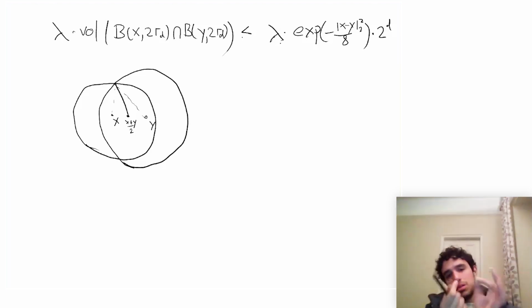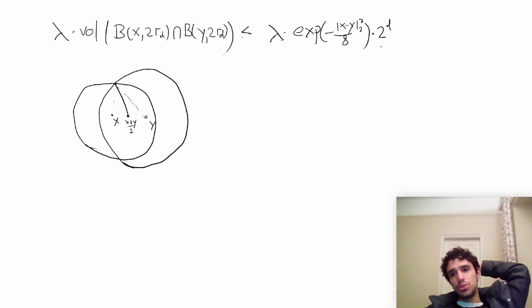So when the points are very close, you expect the intersection of the balls to have basically the same volume as one of the balls. But as they pull far apart, this volume decays exponentially.